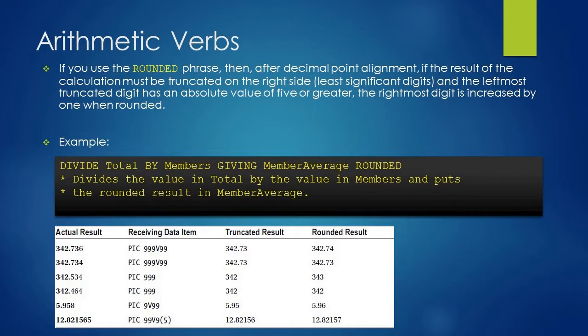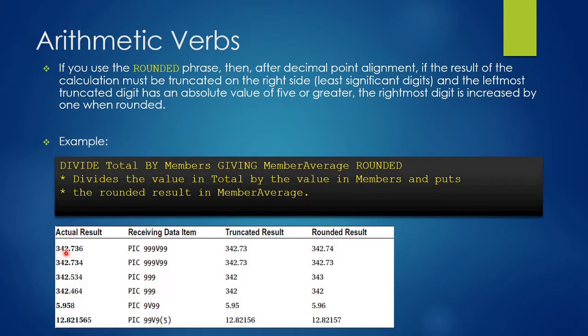Now let's assume after dividing the value of total by the value of members, we are getting an actual result of 342.736, and member-average, which is the receiving data item, has PIC 999V99, which means after the decimal it can only store 2 digits. So the truncated value will be 342.73.